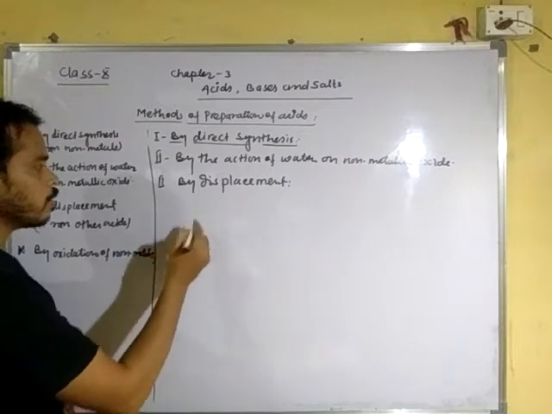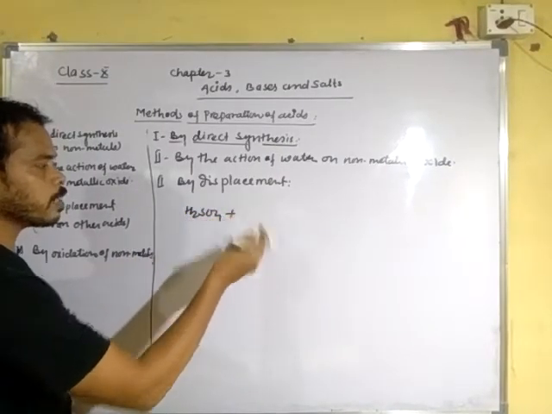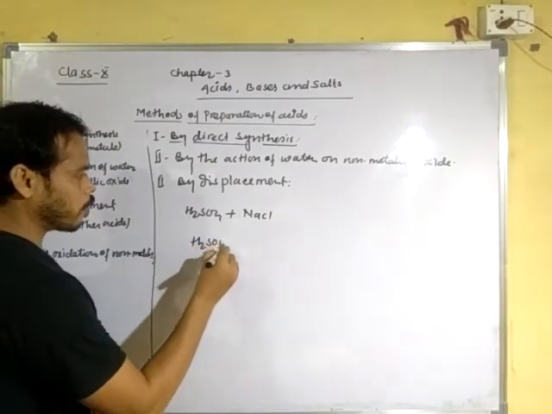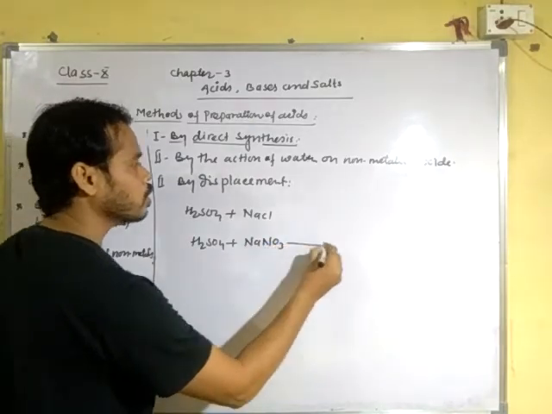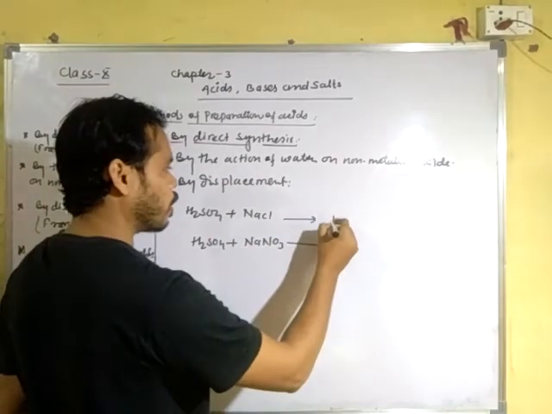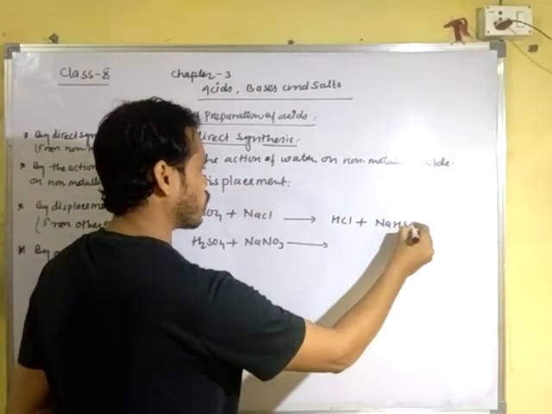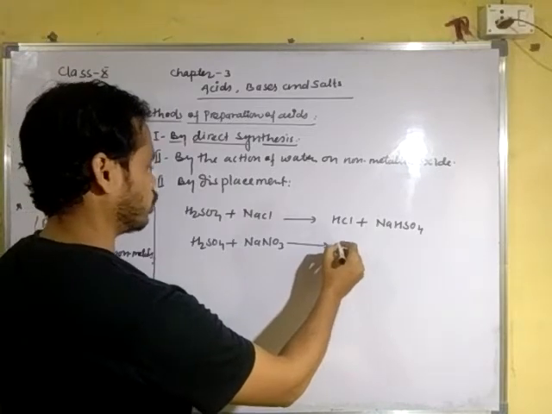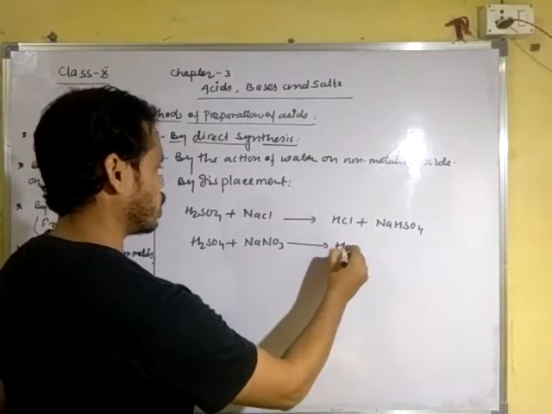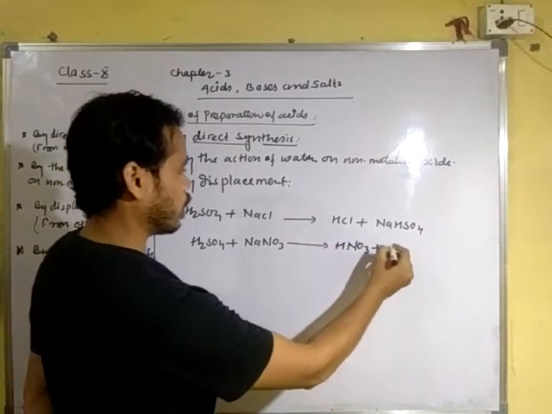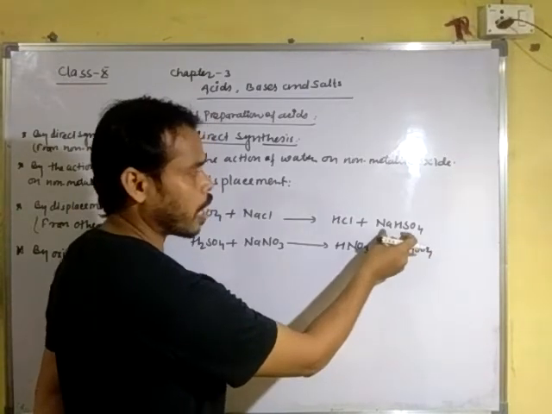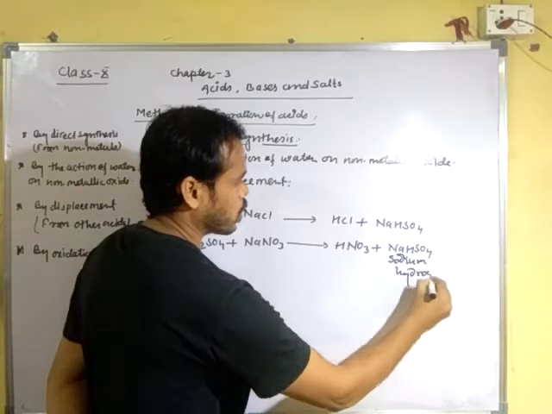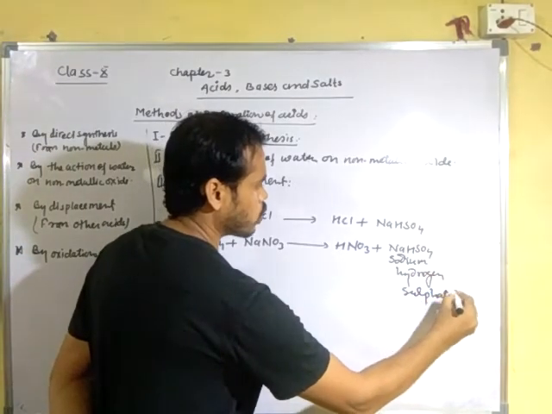See here: when the low volatile acid H2SO4 is treated with sodium chloride, and once again with sodium nitrate NaNO3, it forms the high volatile acids HCl and HNO3, nitric acid, along with NaHSO4. The name of this compound is sodium hydrogen sulfate, or you can say sodium bisulfate.